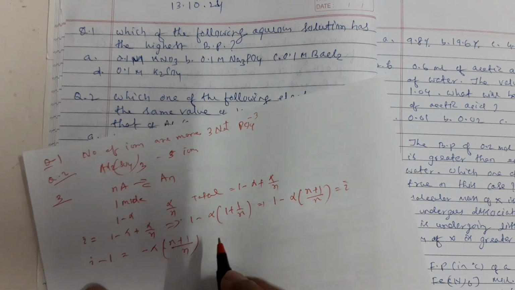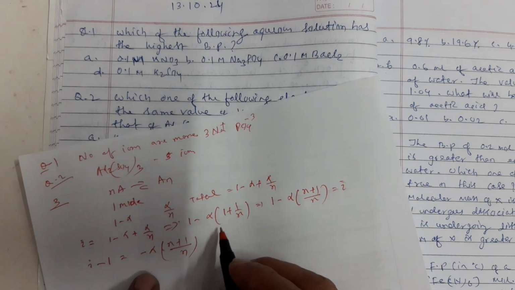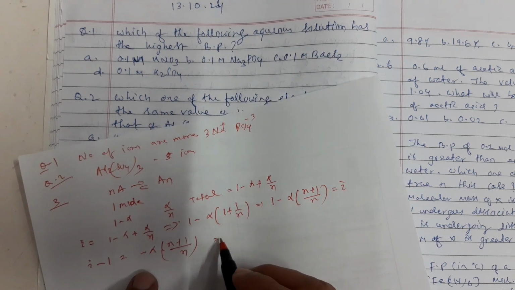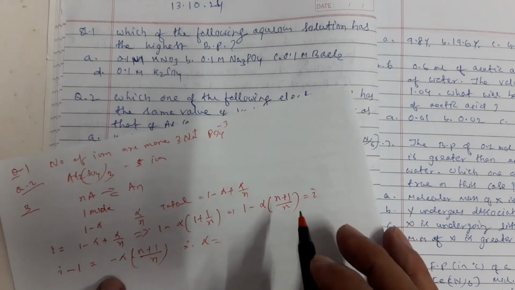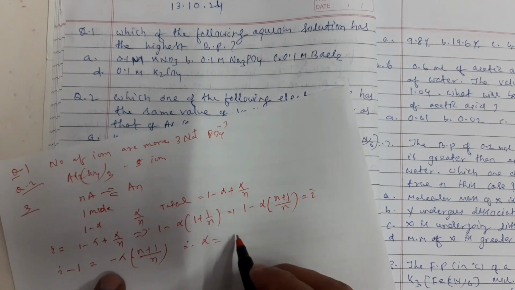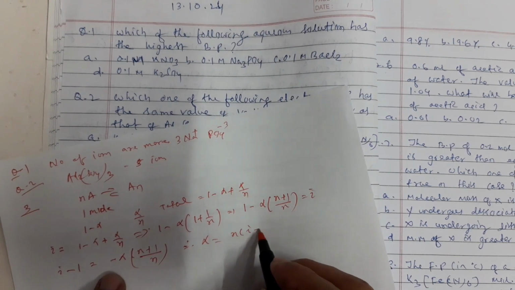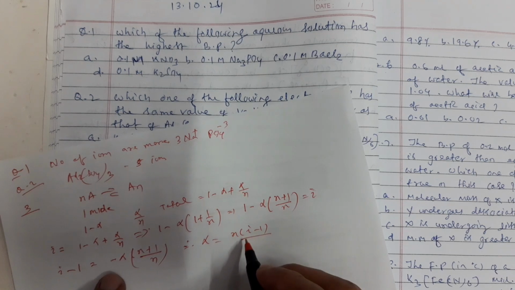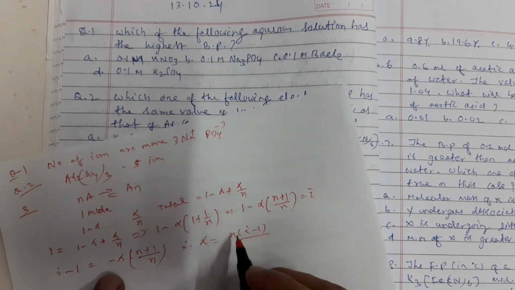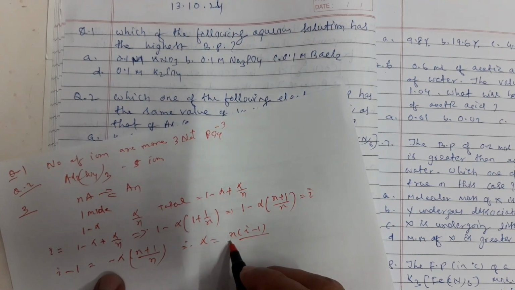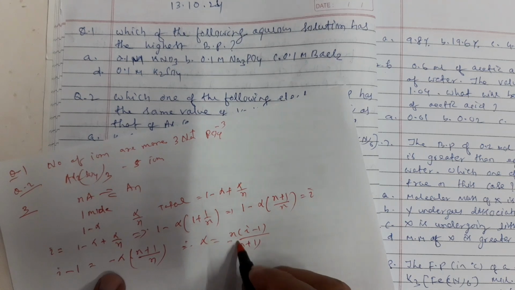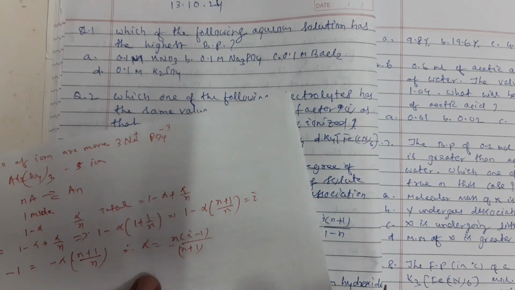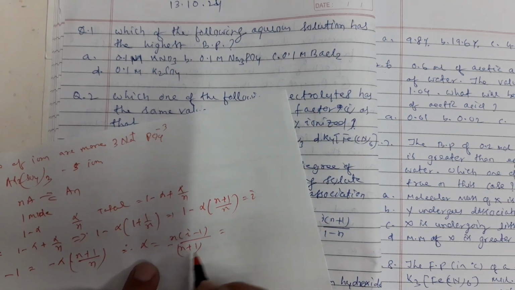So alpha is equal to what you will get? n(i minus 1) by alpha equals minus of (n minus 1).